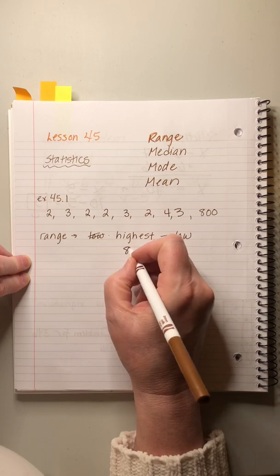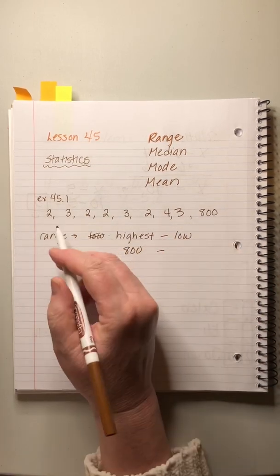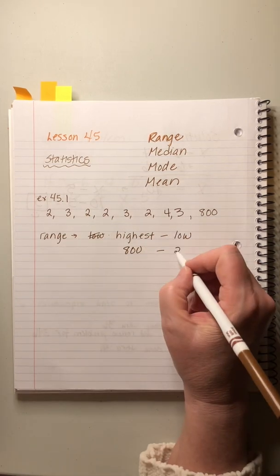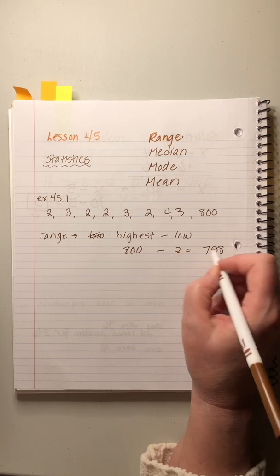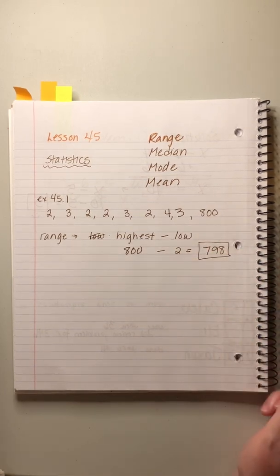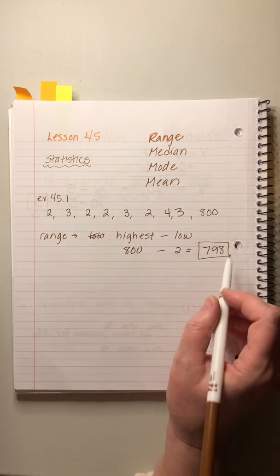So the highest score is 800 in this one, the heaviest one. The lowest animal, well, we have quite a few 2-pounders. So the range of these animals is 798, okay? That's helpful. That tells us there's quite a bit of difference in all of these animals, although it doesn't tell us much more than that. It doesn't tell us what's the average or anything like that.